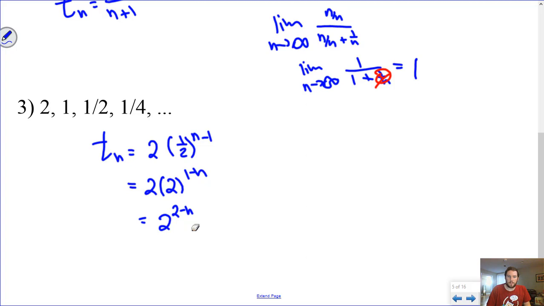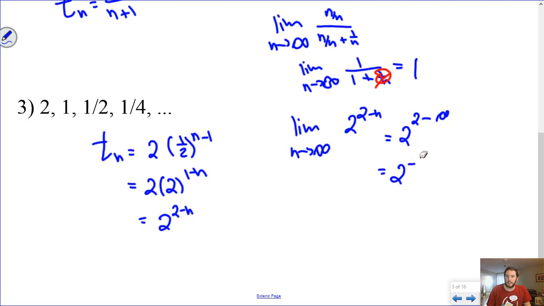So then what happens here is when I take the limit of this thing as n approaches infinity, so of 2 to the 2 minus n, I can use direct substitution here. I can plug my n value right in, so I get 2 to the power 2 minus infinity. And again, infinity being this thing that's infinitely large, if I take the number 2 and I subtract infinity from it, I get negative infinity.